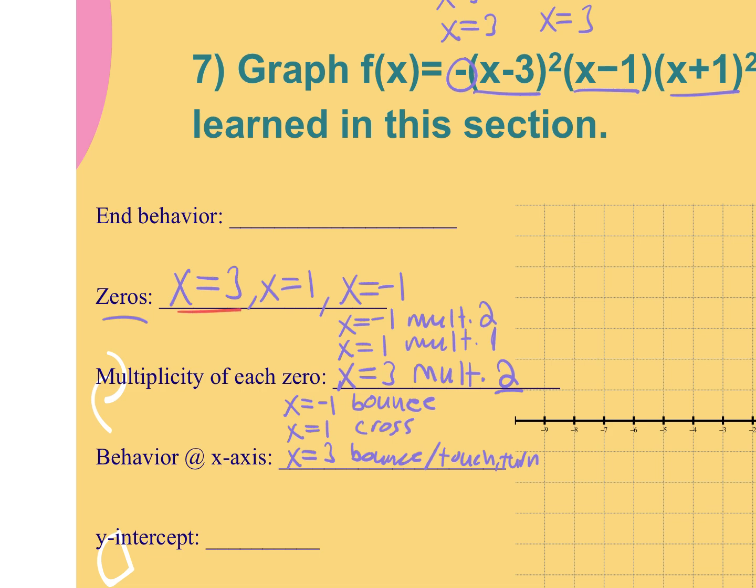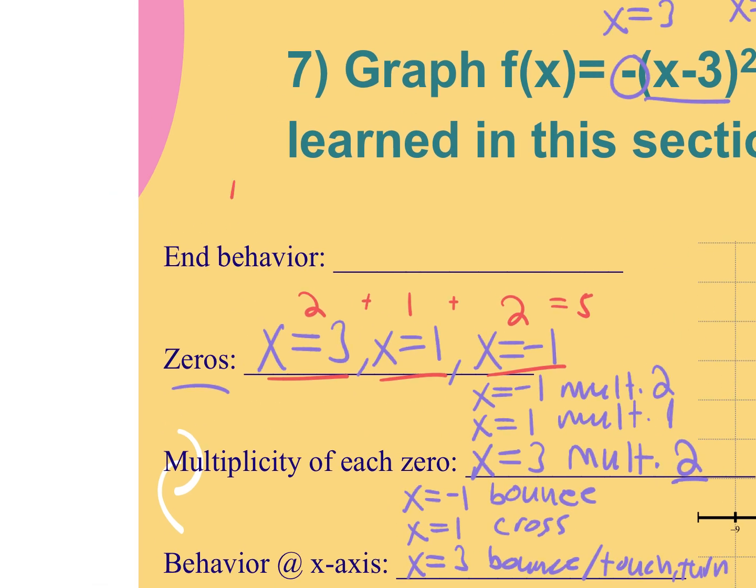How many times did we get x equals 3? That one had a multiplicity of 2, so it shows up twice. x equals 1 had a multiplicity of 1, so it shows up once. And x equals -1 also showed up twice. So my total number of zeros is 5, because 2 plus 1 plus 2 gets you 5.